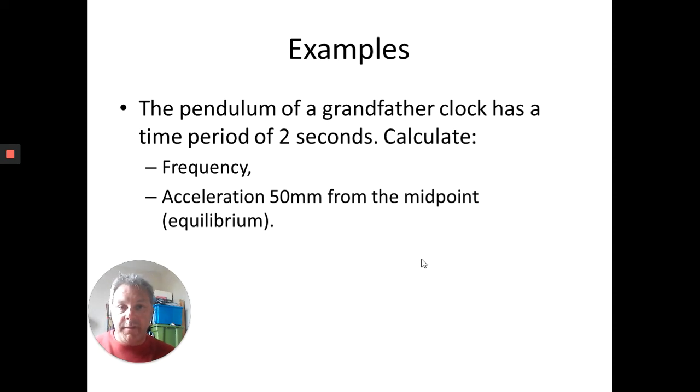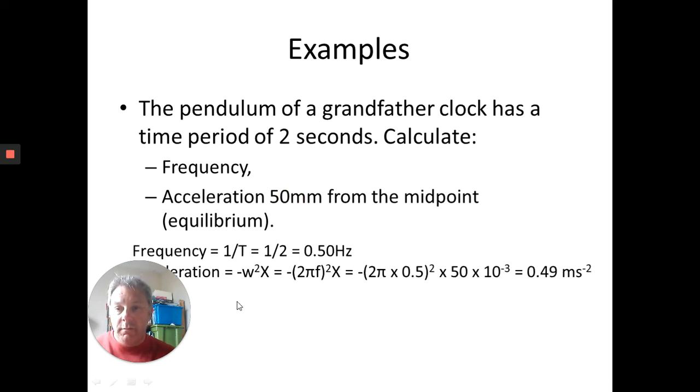So the pendulum of a grandfather clock has a time period of 2 seconds. Calculate its frequency and its acceleration 50 millimeters from the midpoint. Frequency is 1 divided by the time period, so it's 1 divided by 2, so it's 0.50 hertz. Its acceleration is equal to minus omega squared x. We've got to use that one and not the one with minus cosine, because it's not asking for a time.